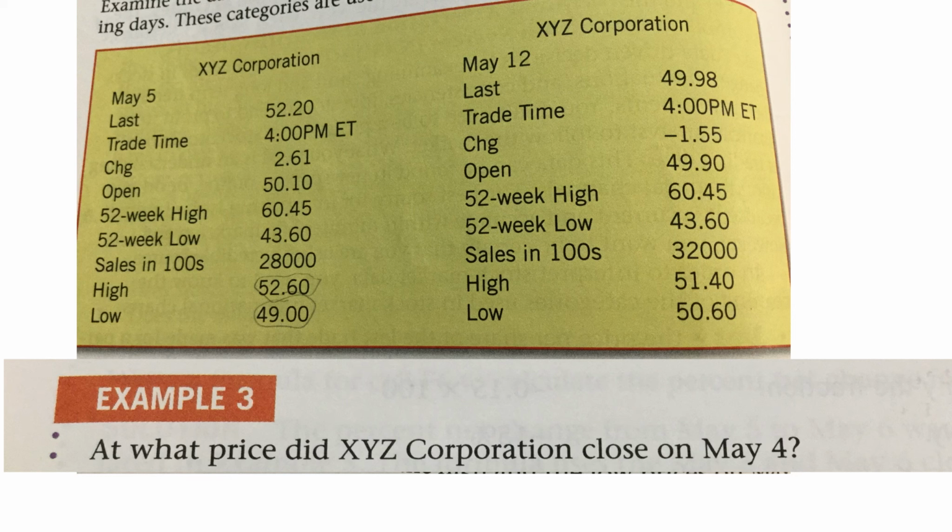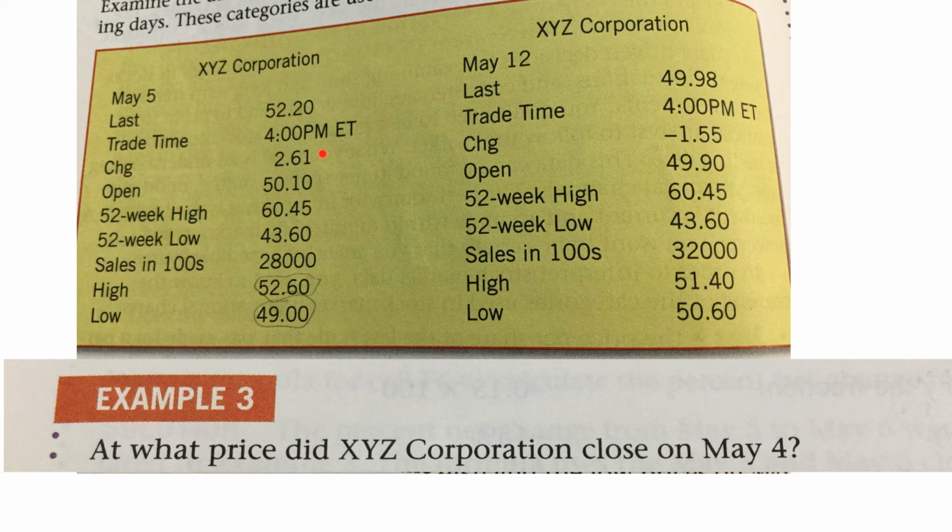Remember, the closing price on May the 5th was $52.20. That has changed $2.61 since the closing price of the day before. Just subtract it. Since it's a positive number, that means the price went up $2.61 since the previous day.